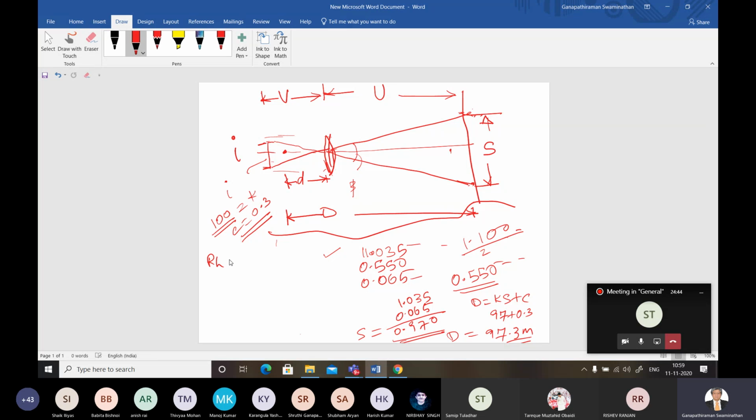RL of instrument point is 100. Height of collimation is 101.5 meter. RL of staff point: what is RL of staff point? 101.5 minus 0.550. How much is that?